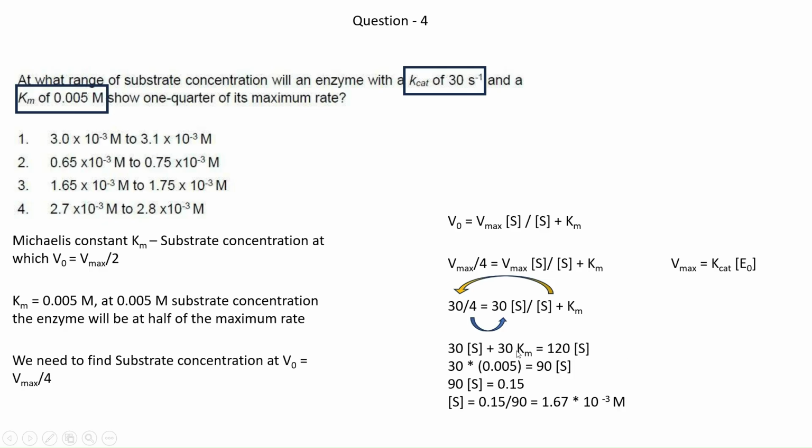When we simplify this and put the value of Km, which is 0.005, we'll get 30 into 0.005 equals 90 into substrate concentration. Now solving this for the substrate concentration, we get the answer 1.67 into 10 raised to minus 3 molar, which falls into the range of option 3. So our answer will be option 3.